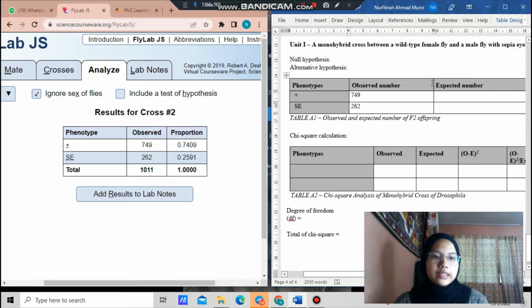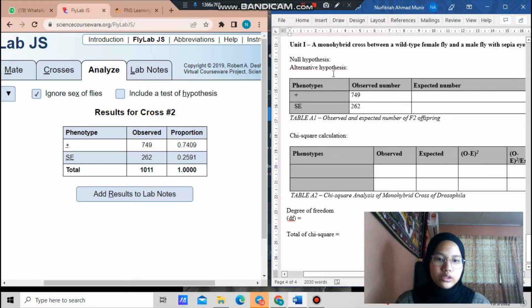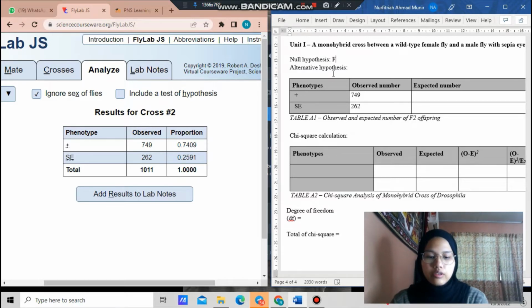Then the expected number, we have a formula to calculate the expected number. So I forgot to fill the null hypothesis. So the null hypothesis is follow 3:1 ratio.